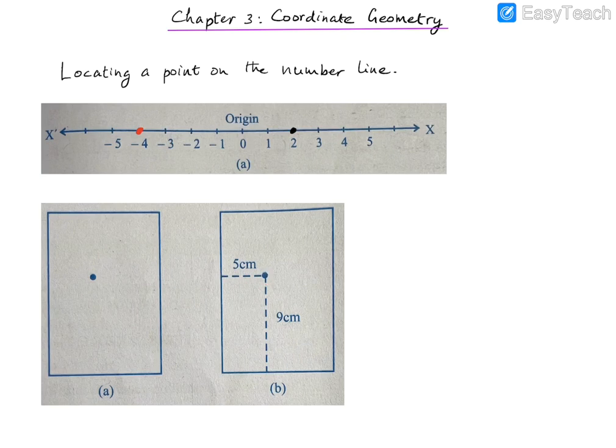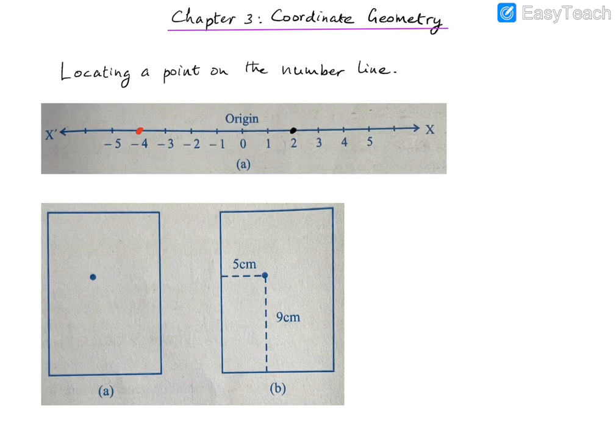And similarly, the point lies at a distance of 9 centimeters from the bottom horizontal edge of the paper. So we can represent this point using these 2 numbers, but with the reference that the 5 centimeters represents the distance from the left vertical edge and the 9 centimeters represents the distance from the bottom horizontal edge. That way we will be able to represent the point in a unique way.